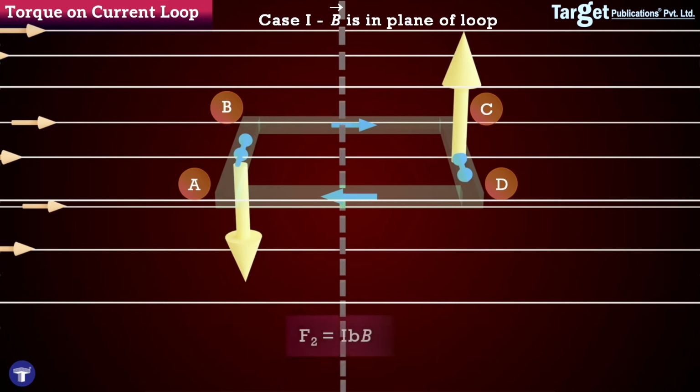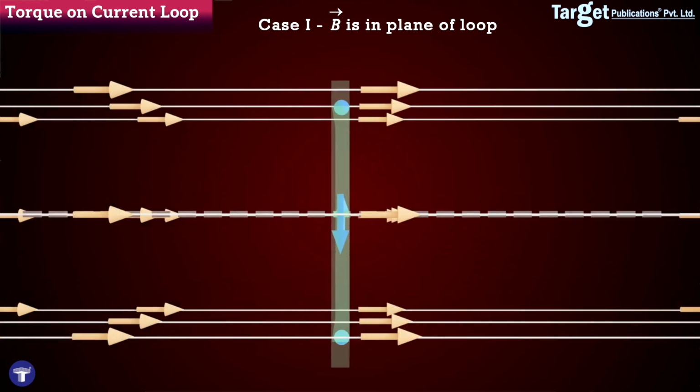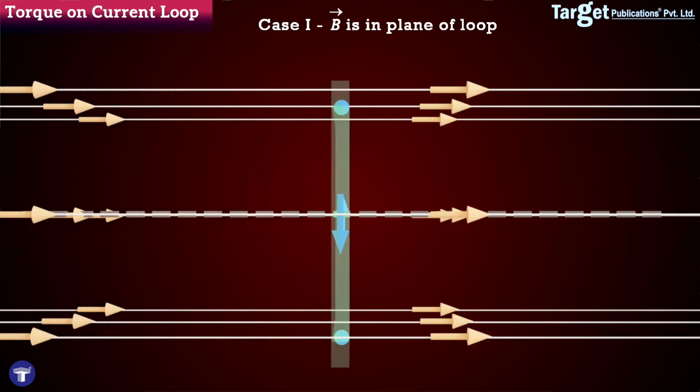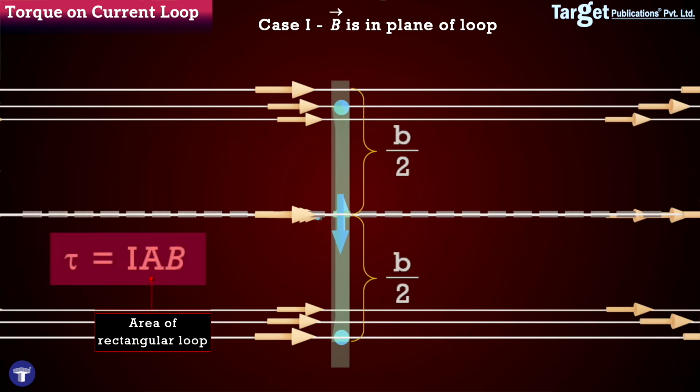Thus, F2 is also I b B. Since the forces are equal and opposite, the net force on the loop is zero. However, because they don't lie along the same line of action, there is a torque on the loop due to the pair of forces F1 and F2. This torque tends to rotate it anti-clockwise. This torque in magnitude is given by the formula tau is equal to IAB, where A is the area of the rectangle.